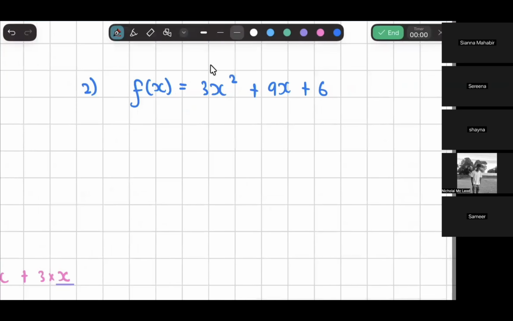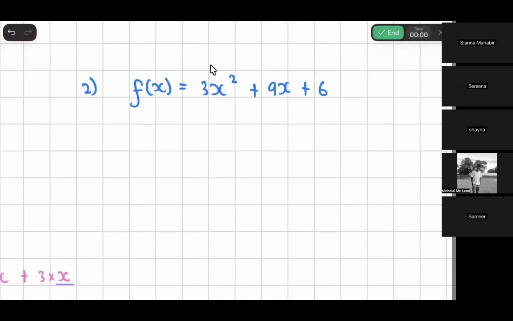So, Amira, anytime the coefficient of x squared is not 1, you should probably use the AC method. First things first, Amira, you know what coefficient means? Yes, sir. So what is the coefficient of x squared there? 3.